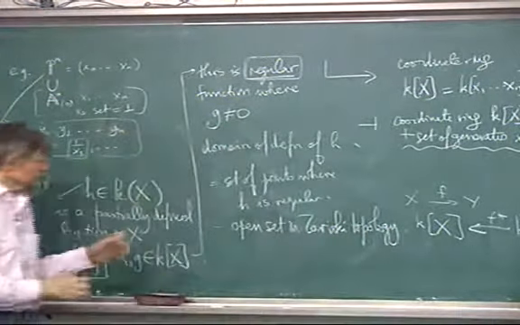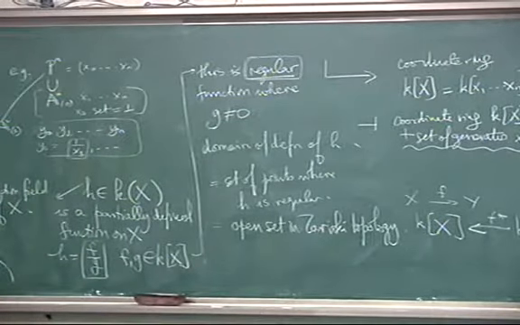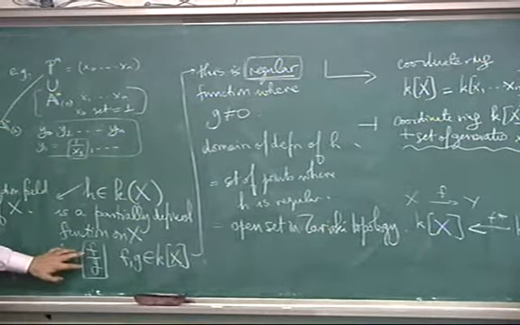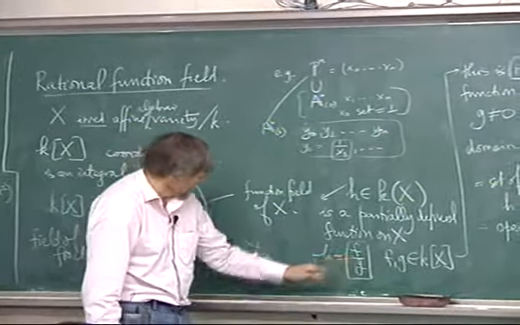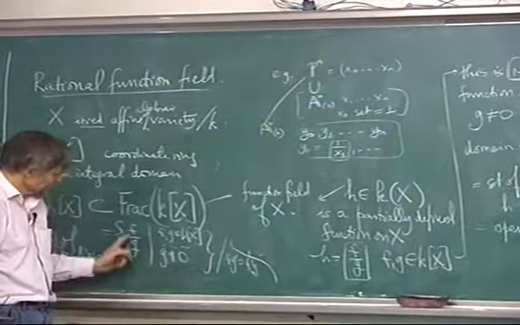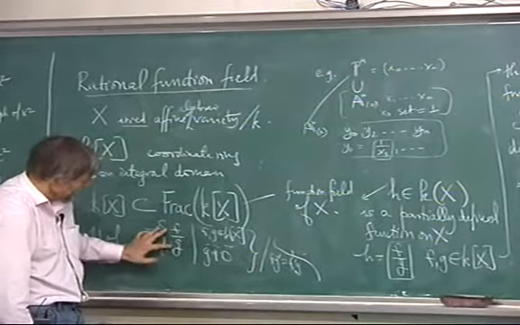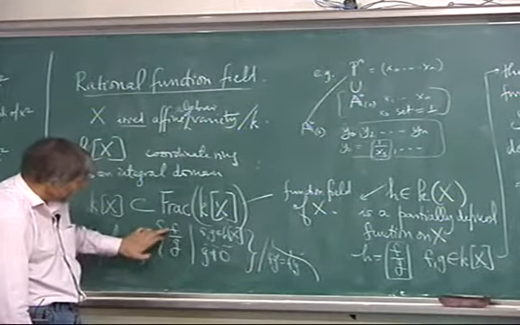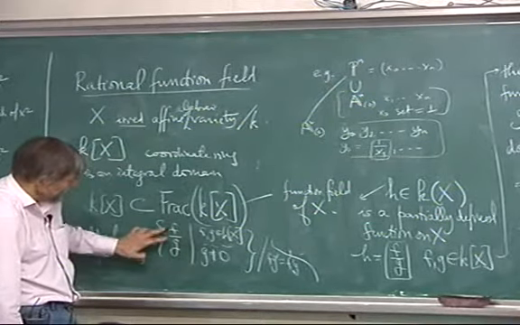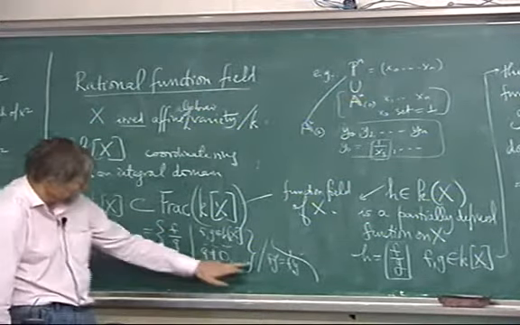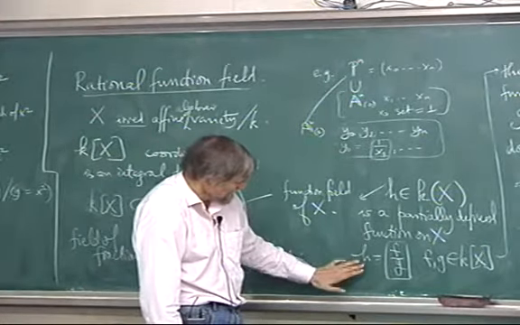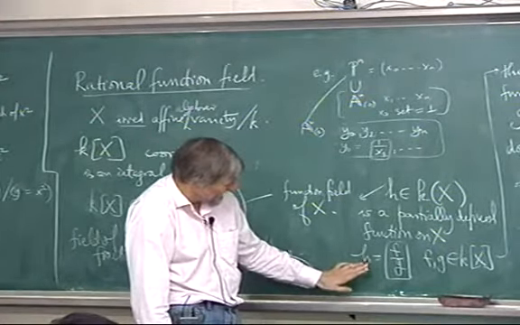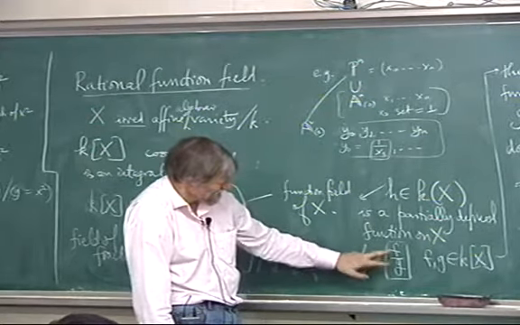Let me come back to this at the start of next time and say it a little bit more precisely, because this expression h is equal to f over g, when you write fractions like this, the f and the g are not themselves uniquely determined. They're only determined up to an equivalence relation. So it will sometimes happen that one and the same function h has two quite different expressions f over g.